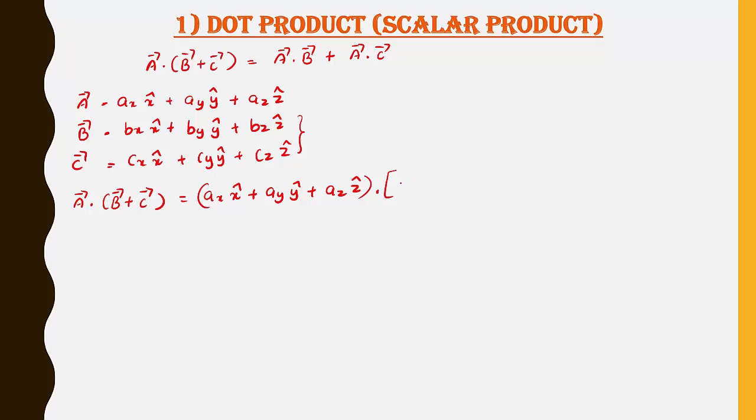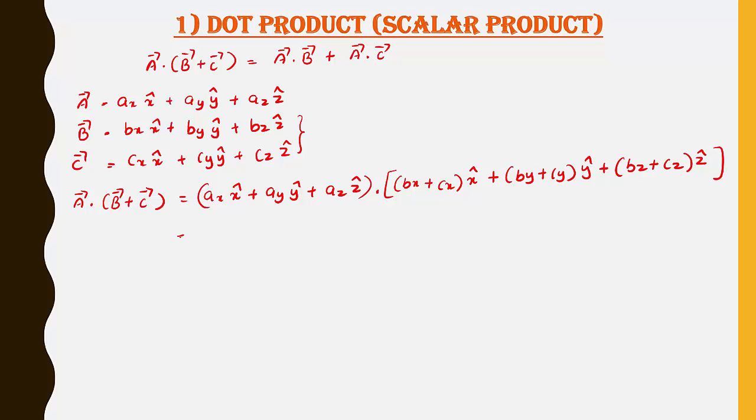Vector B equals Bx x cap, vector C equals Cx x cap. We can take the x coordinate and add: Bx plus Cx, and its direction is x cap. Plus, similarly, we can write By plus Cy, y cap, plus Bz plus Cz, z cap.